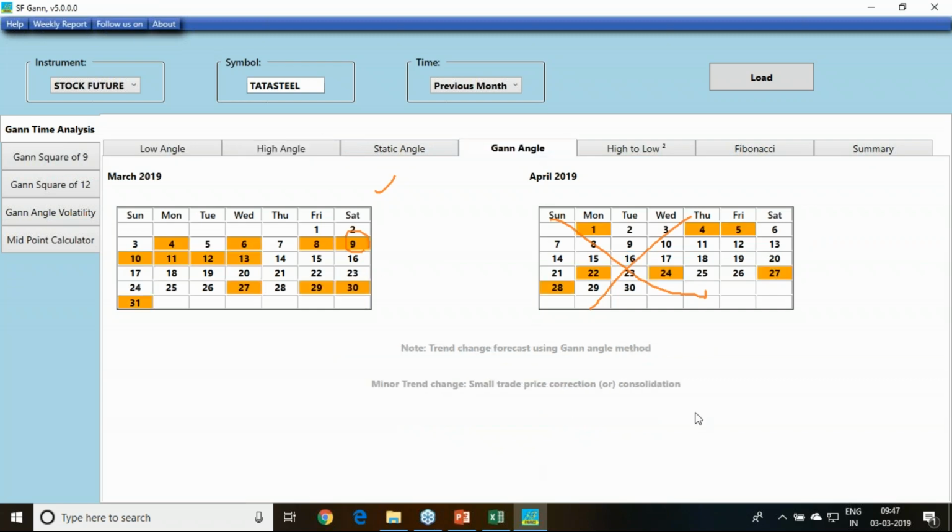Go to Gann angle. Gann angle gives you lots of days. So 4th, 6th, 8th, the 9th is a holiday, 10th is a holiday, 11th, 12th, 13th, 27th, 29th. Many days you are getting in this Gann angle method. So here what happens? Your important trend points: 15 degree, as I told you, one cycle completes; 30; 45, the third cycle completes.